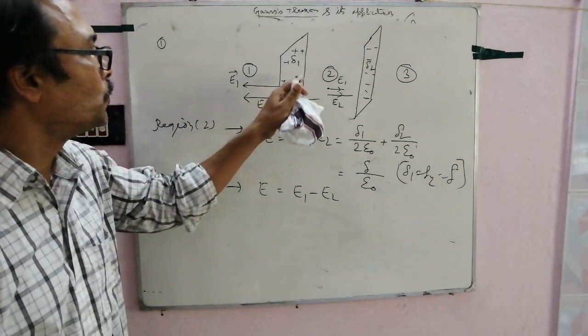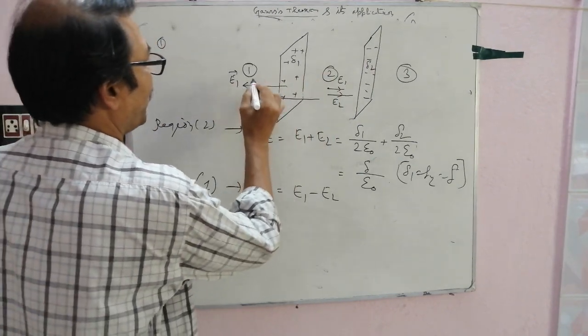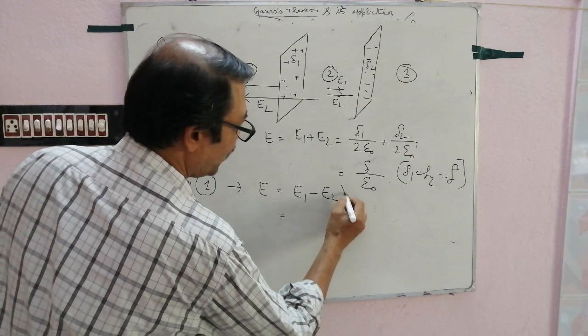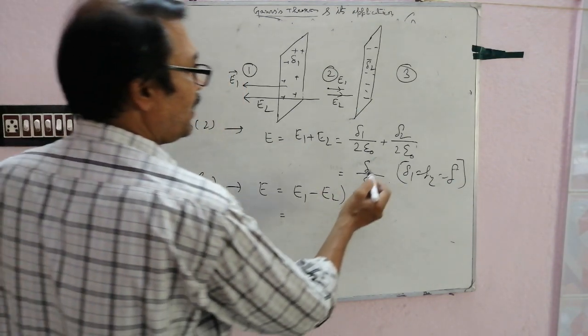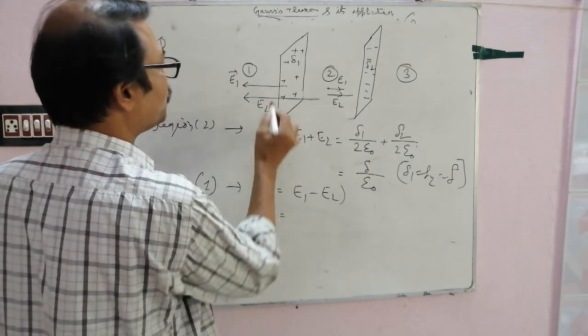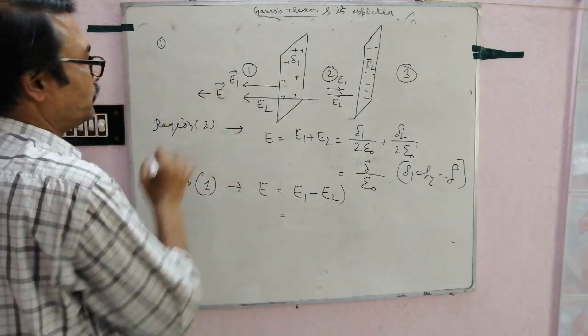This point is nearer to this sheet, and the other sheet is far away from this region. So put in the values and you will get the result. The final direction of E will be in this way.